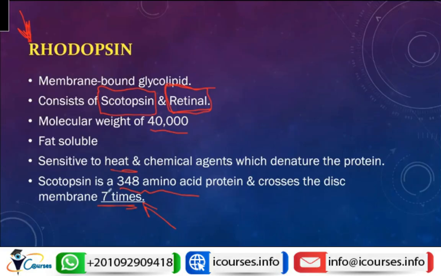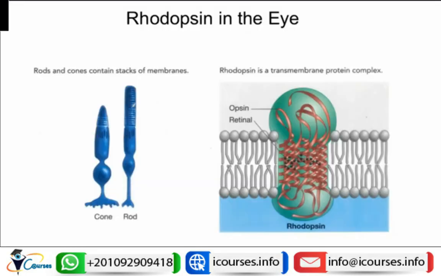So let's see. Here is the rhodopsin. It is the light-sensitive molecule present in the rods, not the cones. It is a transmembrane protein formed by opsin, which we can call opsin or scotopsin, and the retinal, which is a form of vitamin A. The small black dots here are the retinal.